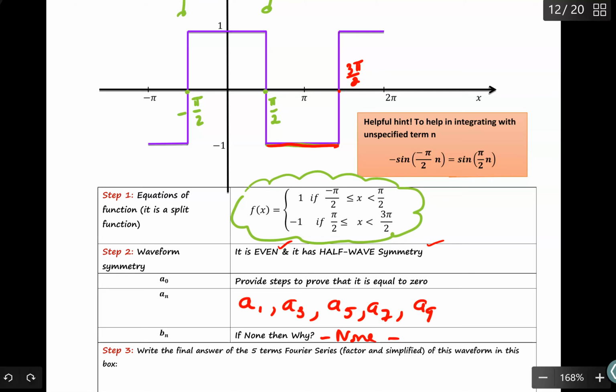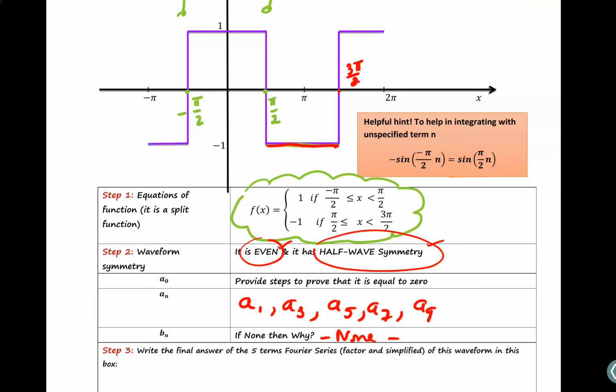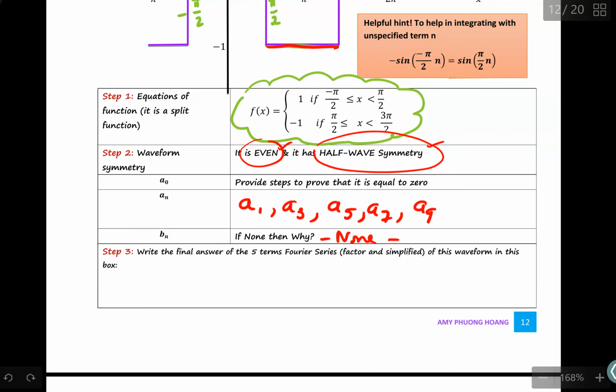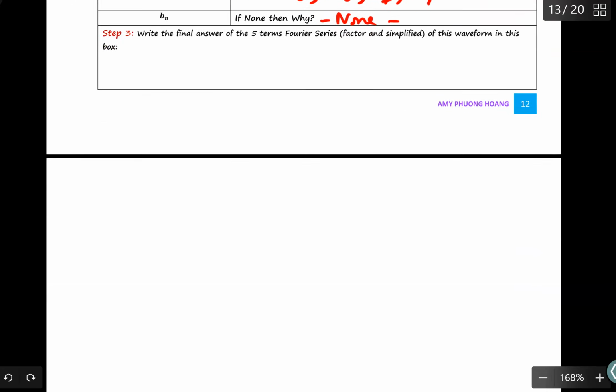As analyzed here, the function is even and it has halfway symmetry, so it's even, so no b term. We are going to use integration and apply the formulas to find the coefficient an in order to write our 5 terms of this Fourier series, so let's get started with that.